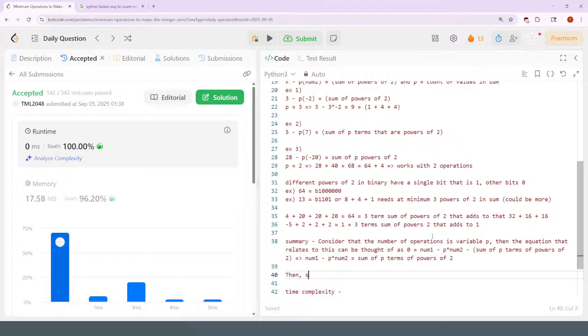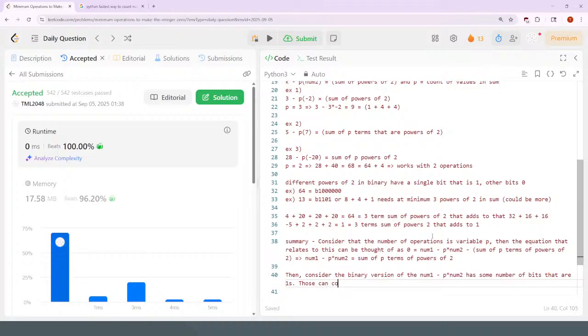Then consider that powers of 2, then consider the binary version of num1 minus p times num2 has some number of bits that are ones.